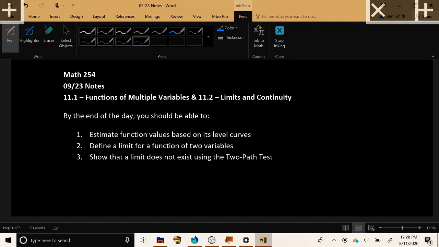Alright, welcome to the September 23rd video, and we're going to finish talking about the material of section 11.1 from functions of multiple variables, where we simply introduced the idea of a function of multiple variables as well as its graphs.